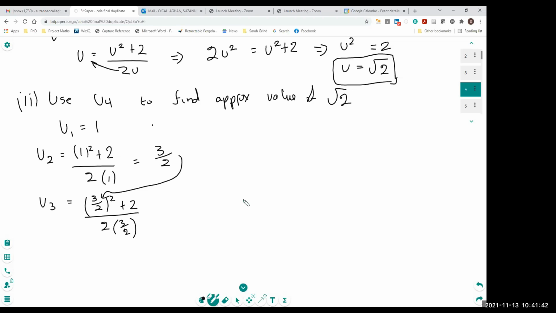Let me write out our recursive formula again, just to remind you. U of n plus 1 is equal to U of n squared plus 2 all over twice U of n.